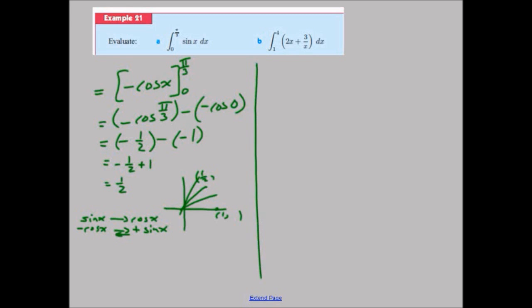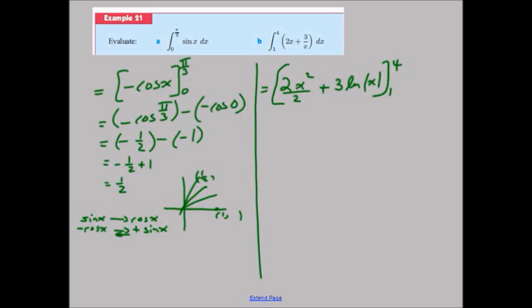Second one, the integral of 2x plus 3 over x dx from 1 to 4. Okay, so the first part is our regular rule. The second part, we need to use ln. We're going to have 2x, increase that power by 1 and also divide by 2, plus 3 ln of absolute value of x.